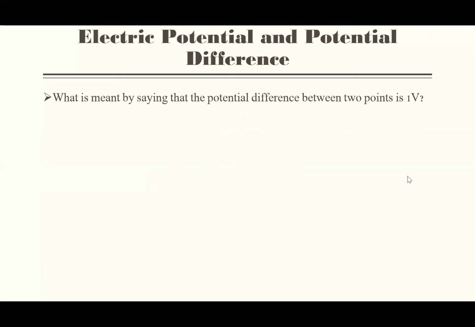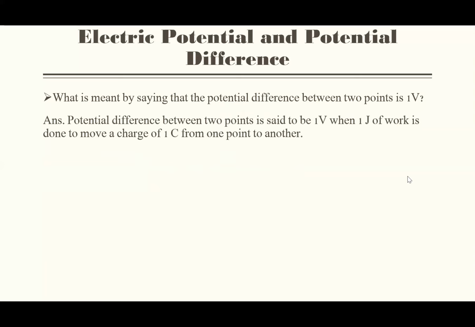Next question, what is meant by saying that the potential difference between 2 points is 1 volt? The potential difference between 2 points is said to be 1 volt when 1 joule of work is done to move a charge of 1 coulomb from one point to another.